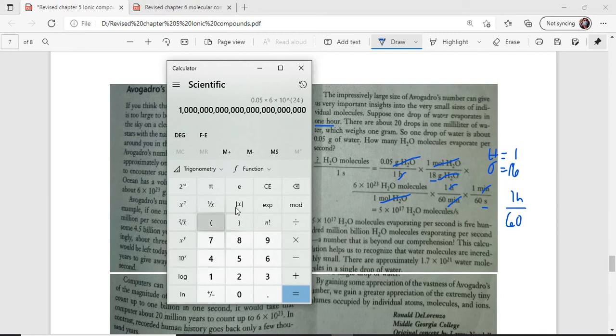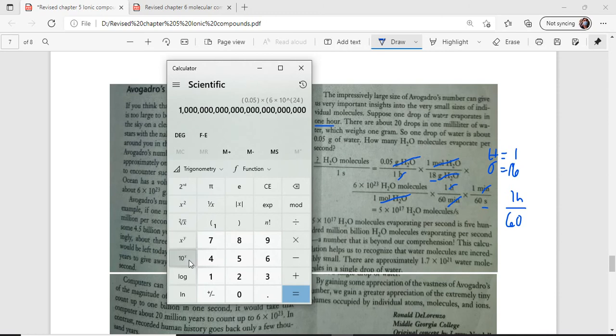Let me try it again with parentheses. So I will separate it: 0.05 in parentheses, times parentheses, you have your 6 times 24, that is my exponent.